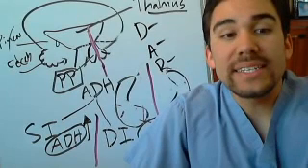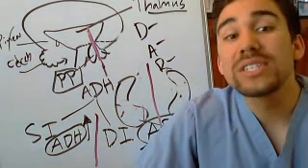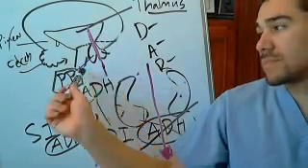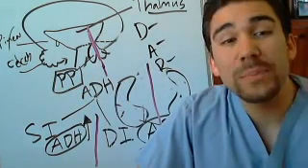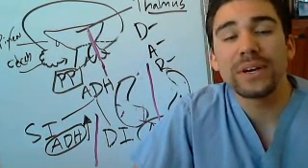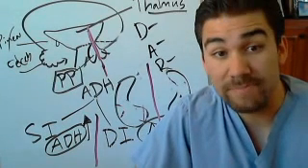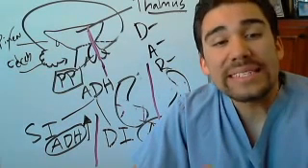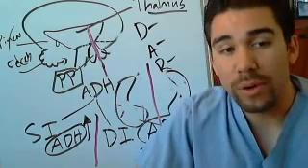So we know that PP is our posterior pituitary. Your posterior pituitary stands for the PP, right? It makes antidiuretic hormone.